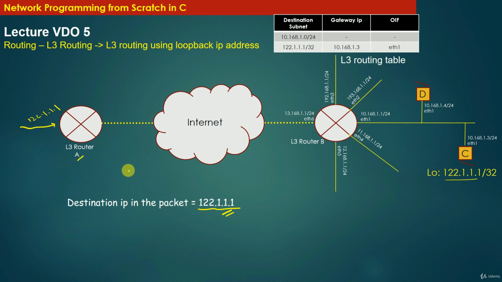Using usual L3 routing, let's assume that the packet will eventually reach the L3 router B.